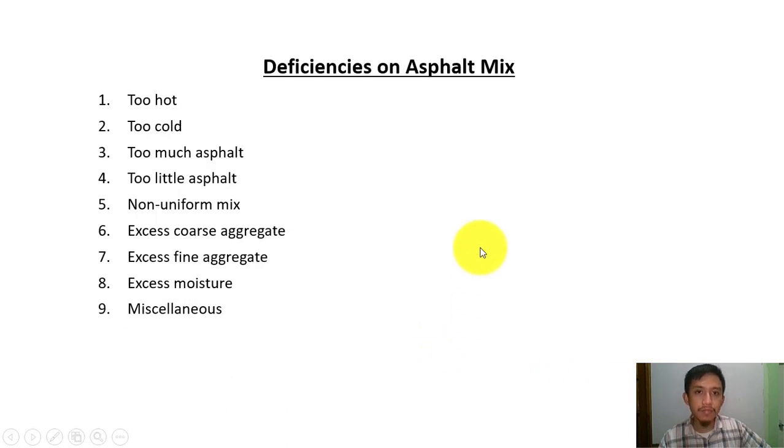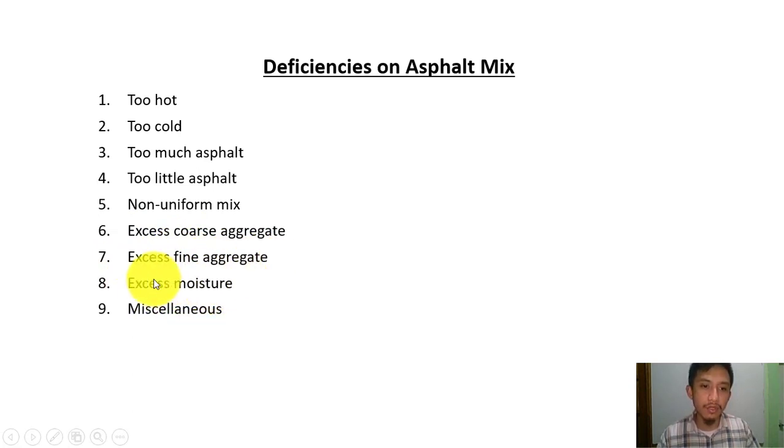Okay, so these are now your deficiencies in asphalt mix. Either your mixture is too hot, or too cold, or your mixture has too much asphalt, or too little asphalt, non-uniform mix, excess coarse aggregate. So there is a lot of coarse aggregate compared to what is required, excess fine aggregate, and then excess moisture.